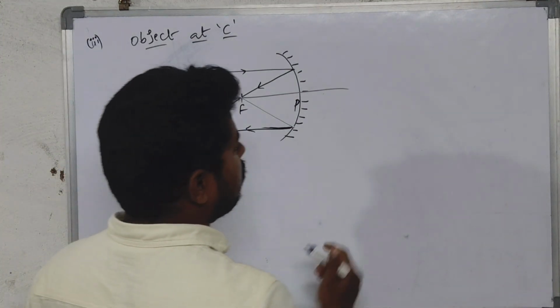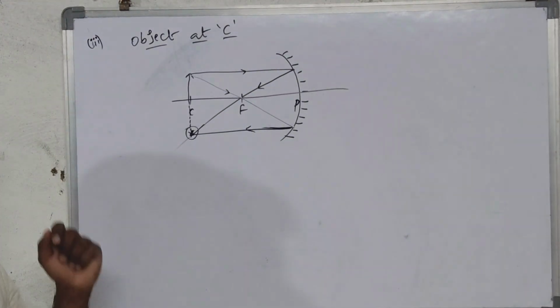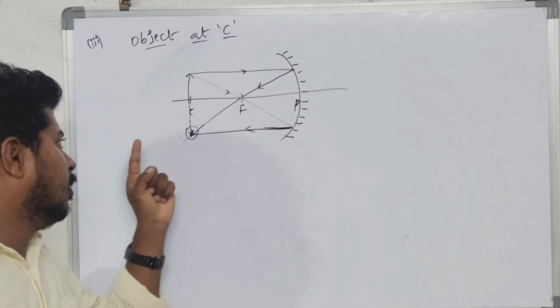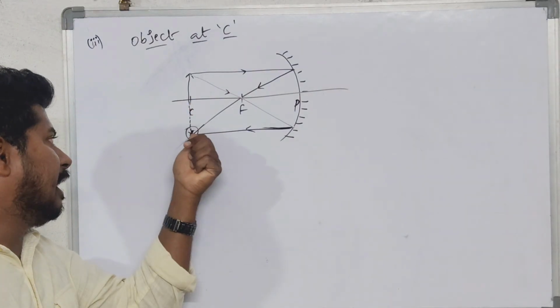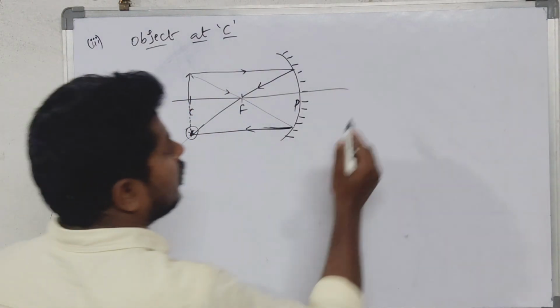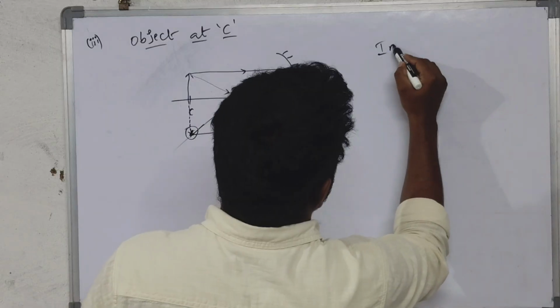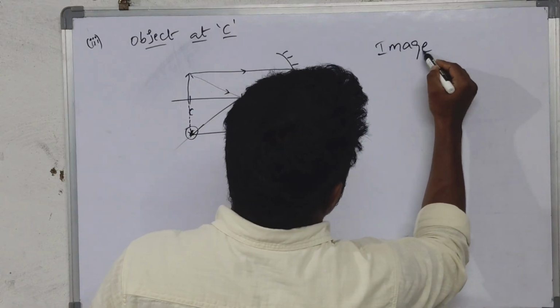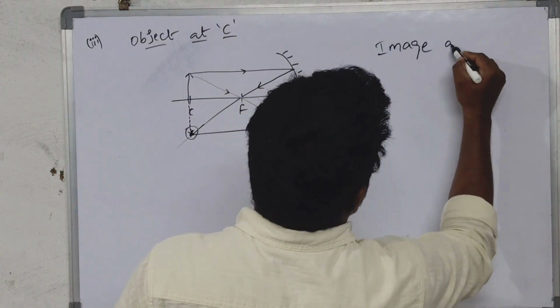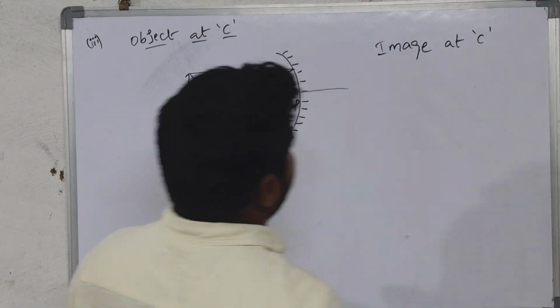Now write the nature of the image. First point, where is the image location? The image is formed exactly at the center of curvature only. Image at C only.